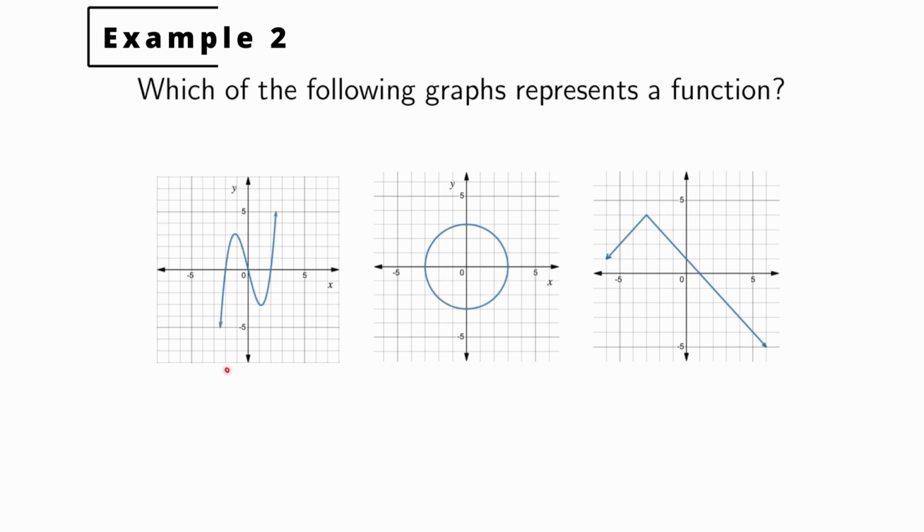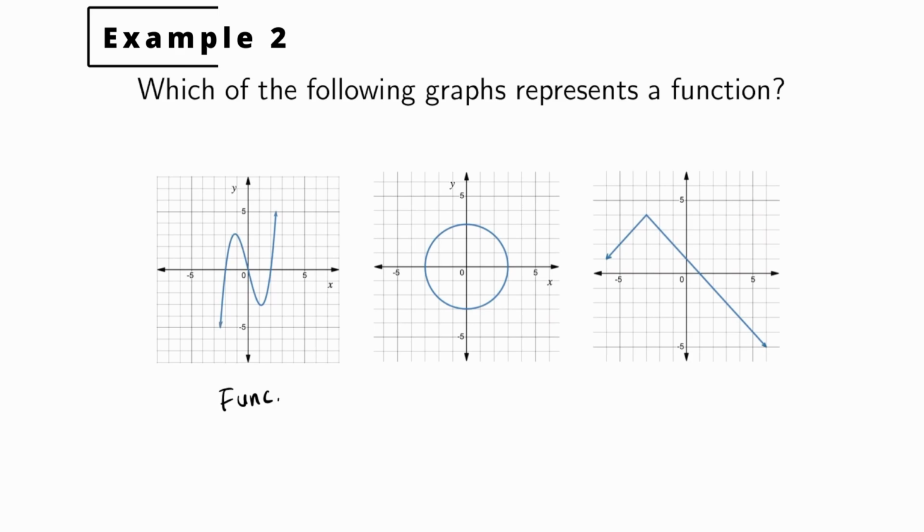If I look at this one and draw some vertical lines, it should be clear that no matter where I draw a vertical line, it's only ever going to intersect that graph once. So this one is a function. Now for the second example, if I were to draw a vertical line almost anywhere through this circle, it's going to intersect in more than one point.